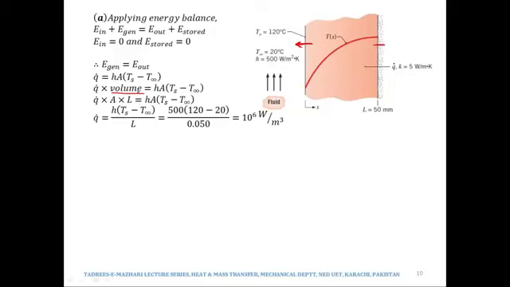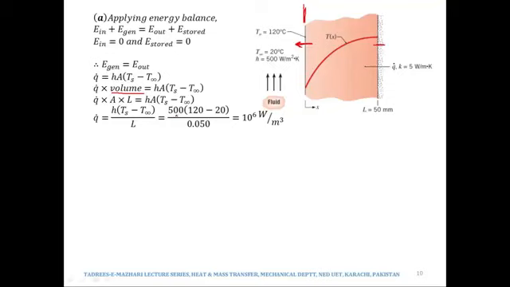The volume may be written as A times thickness; the wall has 3 dimensions, so we need to multiply all the 3 lengths. Two of the lengths on this side give the area, times this L or thickness, and this is the same area through which the convection heat transfer is taking place, so A will get cancelled out, and we will have h times Ts minus T infinity on the right hand side of the equation, and this L or thickness or delta X, whatever you want to call it, will be brought into the denominator.